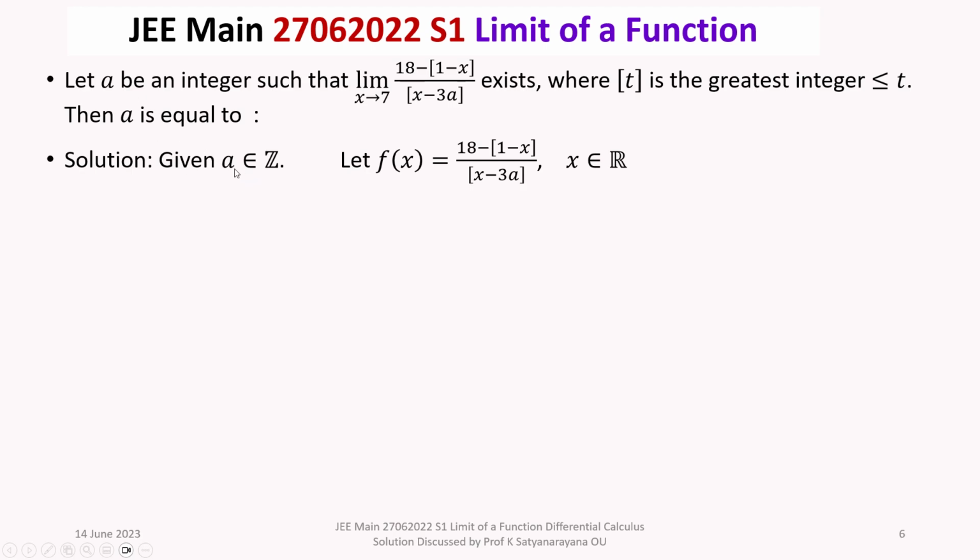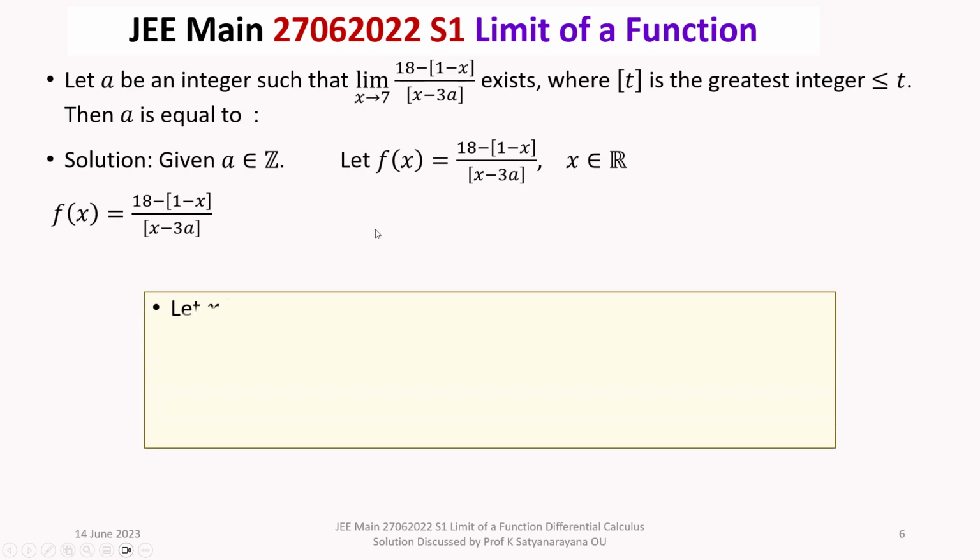Given a belongs to Z, the set of integers, let f of x be this function, 18 minus bracket of 1 minus x, by bracket of x minus 3a, where x is a real variable. Now let us take that function and recall some of the properties that we have studied in our earlier classes on the bracket function.